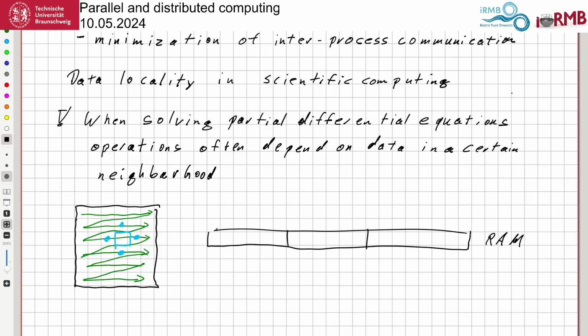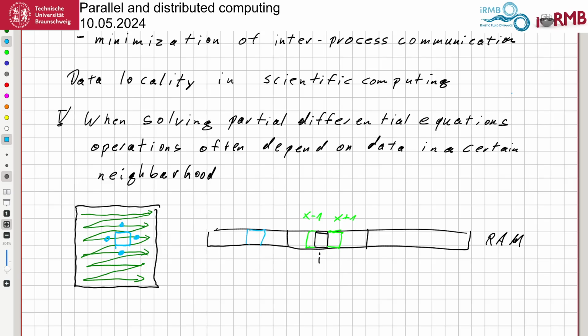Somewhere here is the index I, and this index I depends on several of its neighbors, namely the neighbor here.